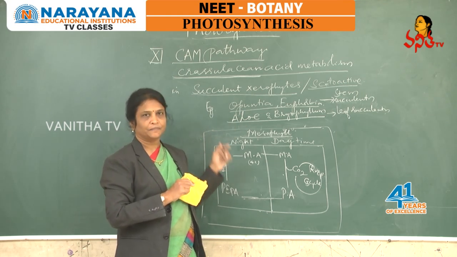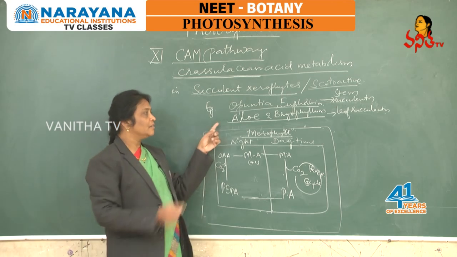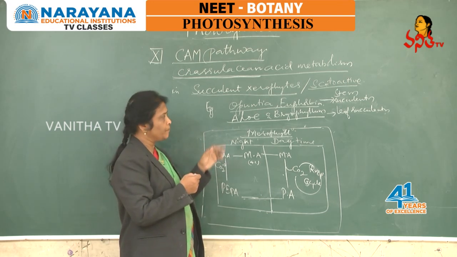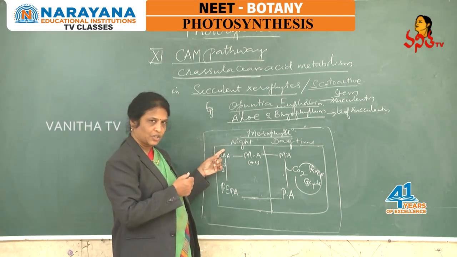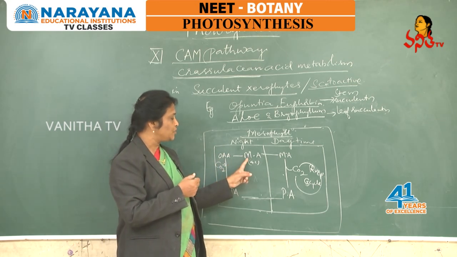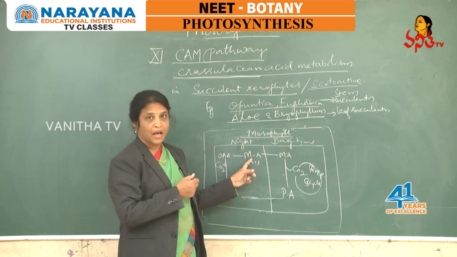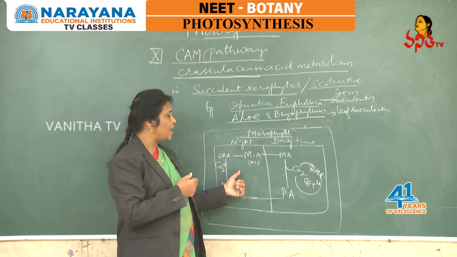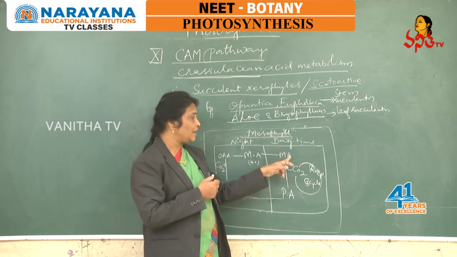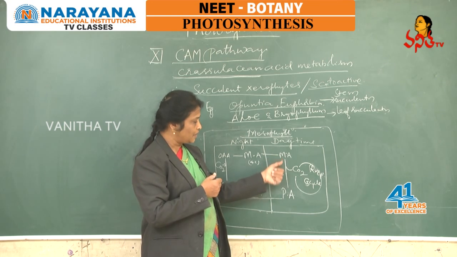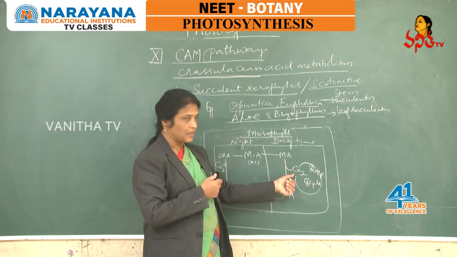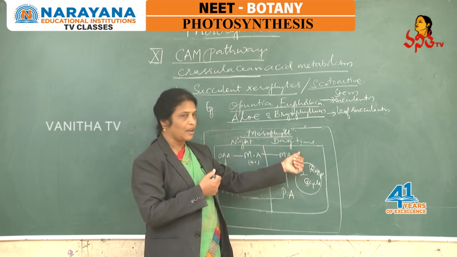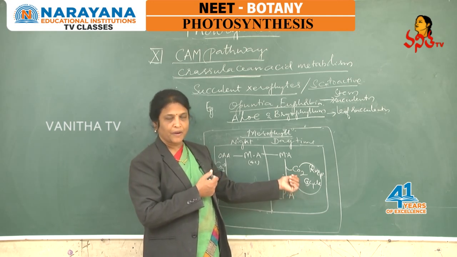So, they have to wait, okay, and these succulent xerophytes find another way. They fix carbon dioxide during night time and convert that carbon dioxide into oxaloacetic acid and then to malic acid, and fix carbon dioxide in the form of acids, 4 carbon acids, and the process is called acidification. Later during daytime that acid is deacidified, undergoes decarboxylation and releases carbon dioxide internally, and in presence of sunlight, as it is daytime now, assimilatory power supply is there.